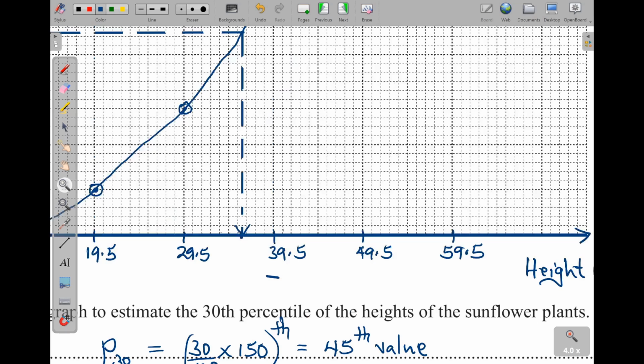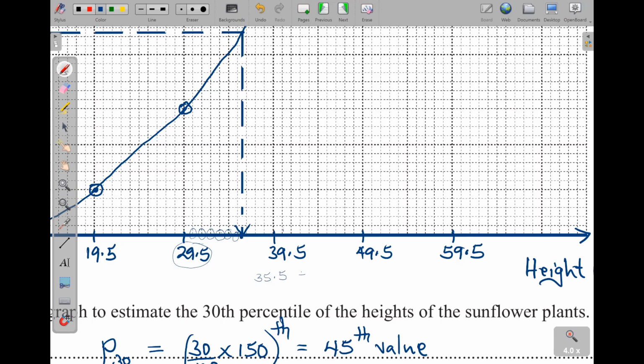Now, check this one here. We have, this is 29.5. So this will be now 30.5, 31.5, 32.5, 33.5, 34.5, 35.5. Now, a half of that, we have 35.5.